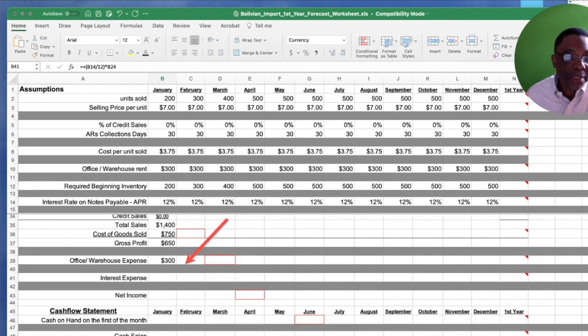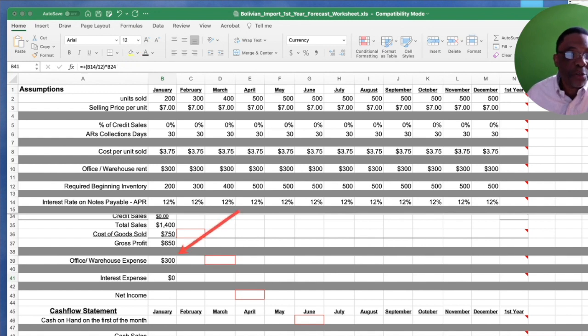I'm going to populate cell B41 now, and we should have 0 there because it's 12% divided by 12 times B24, which is notes payable, and that is 0.